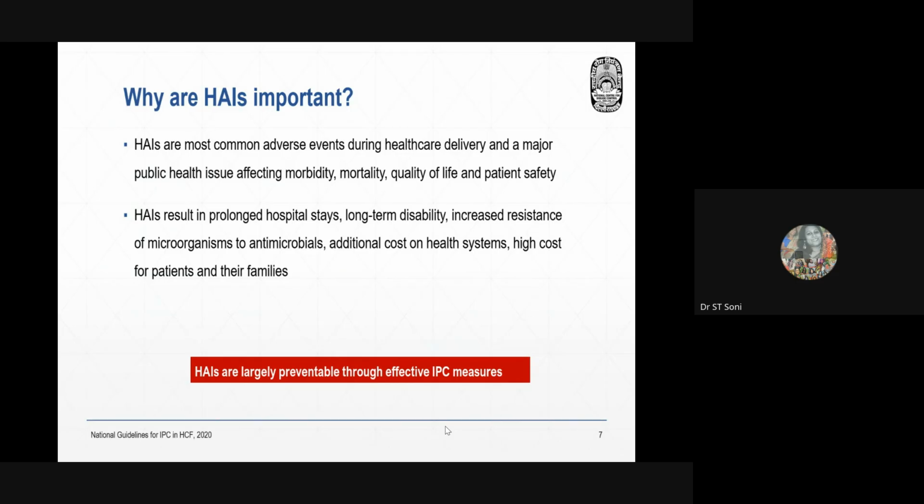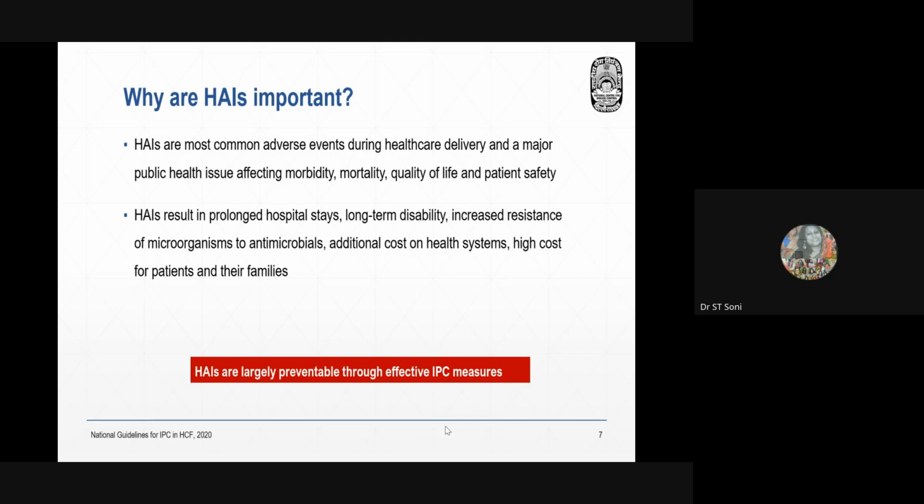We are also part of their network program, so the data of all the hospitals can be compared because of this network. It also results in prolonged hospital stay, more antimicrobial agents, additional cost, high cost for the family, and also disability.